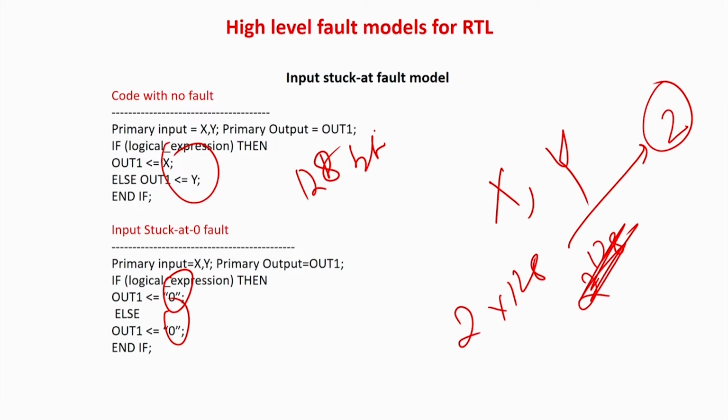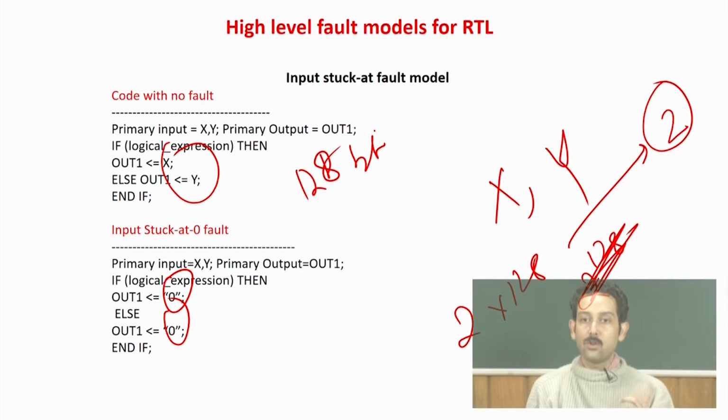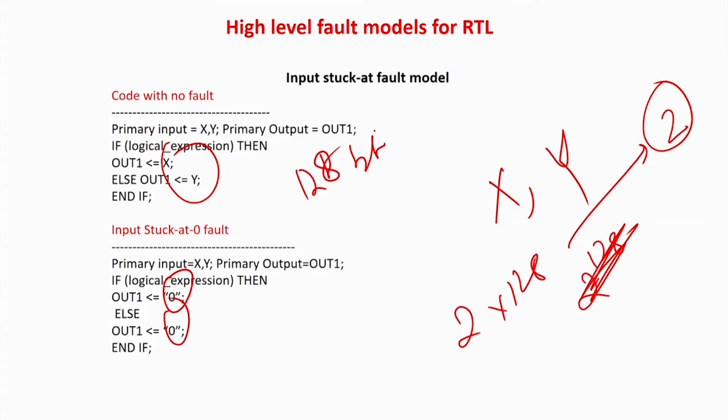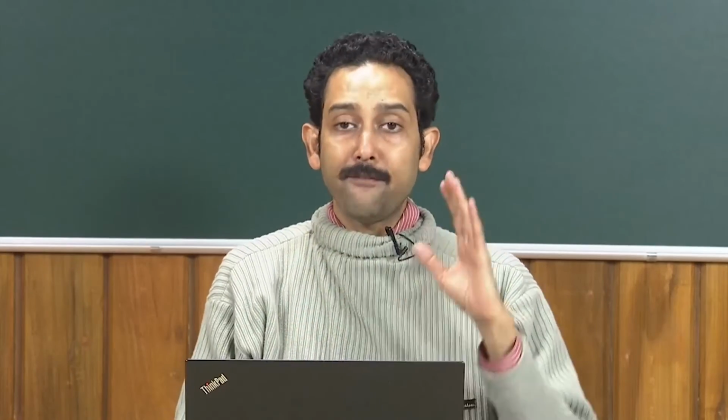If you are taking a gate level model, all the bits have to be individually considered as 0 or 1, like that. But in this case I am clubbing all the bits together, and it is either all zeros or all ones. So there is a compromise here, because it was already shown that if you take each individual bit of these 128 bit x and y numbers, then a very good correlation happens with the transistor level.